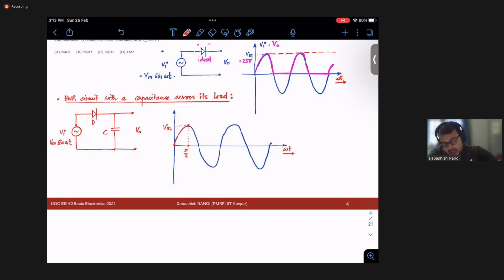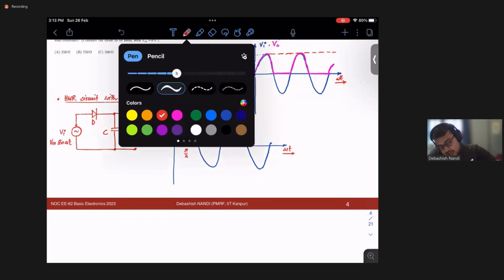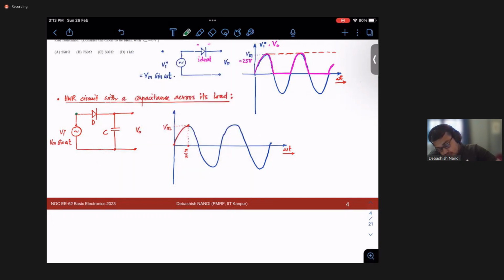So the voltage across the capacitor will remain Vm, and the diode will get cut off because, let's say, if this node is Vi and this is Vo, at this time instant, omega t1, your Vi is less than Vm and your V naught is Vm.